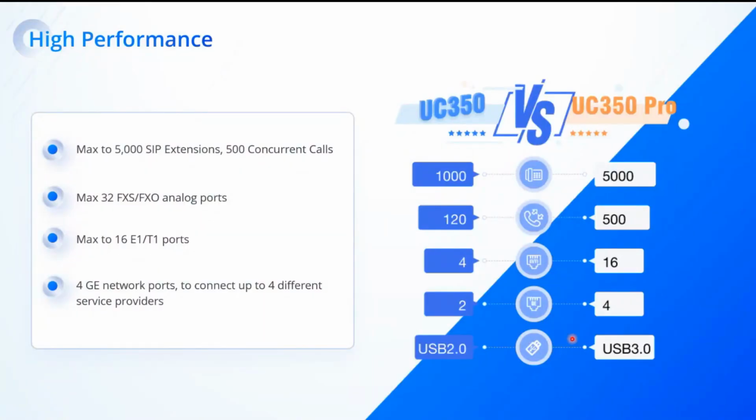Okay, just now we defined that we offer a high reliability, high performance PBX compared to the previous UC 315 version and the PR version. We have different metrics here: registration numbers, concurrent call numbers, port numbers, even the U1 T1 or the USB interface, up to the 3.0 version, and we have four interfaces, the LAN port and WAN ports.